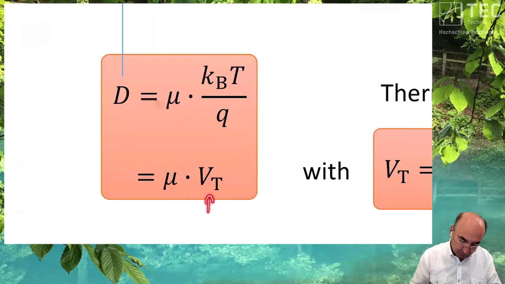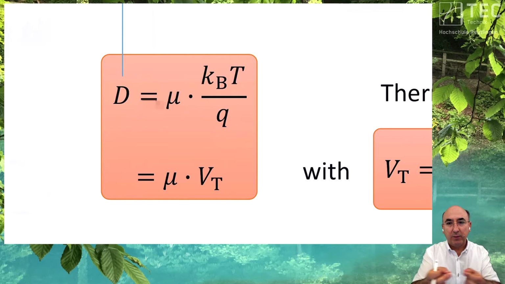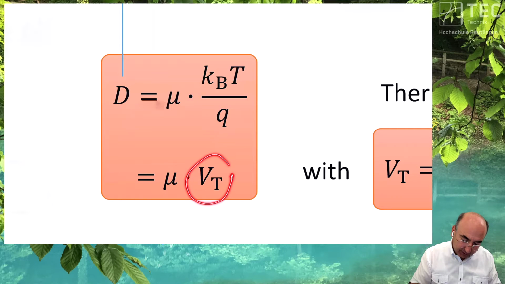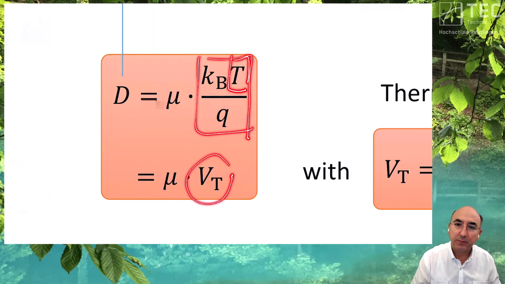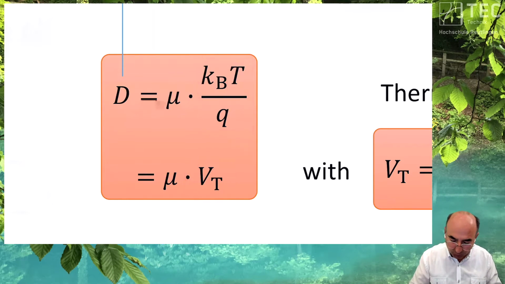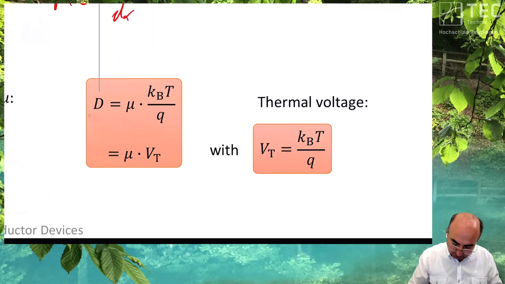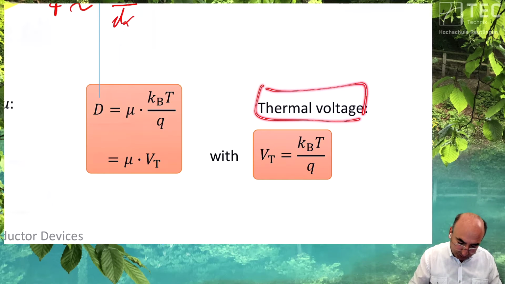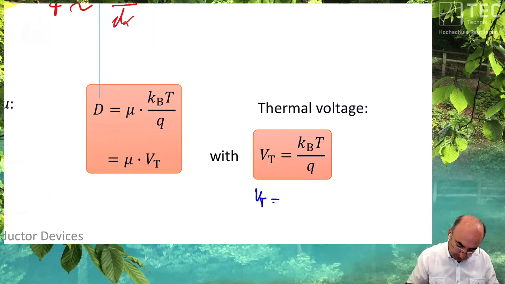This voltage is not measurable. You cannot place a voltage meter to measure this voltage. It is an equivalent to the energy a particle has at a certain temperature. That's just a way of expression. So the thermal voltage is calculated by this value.